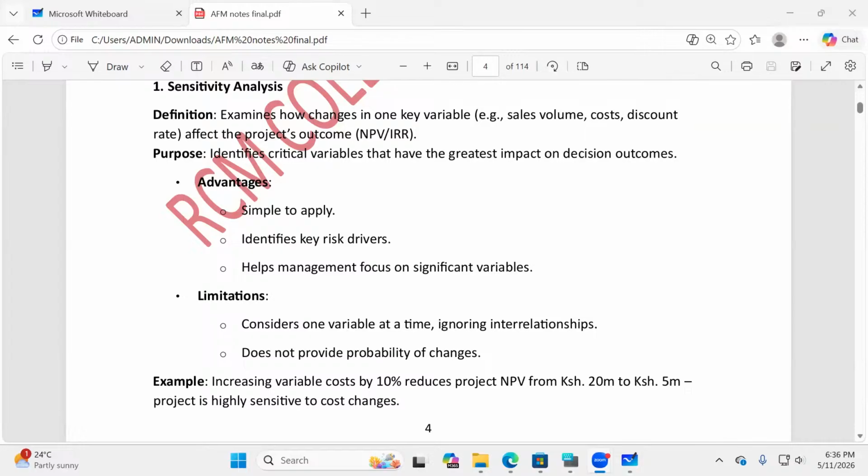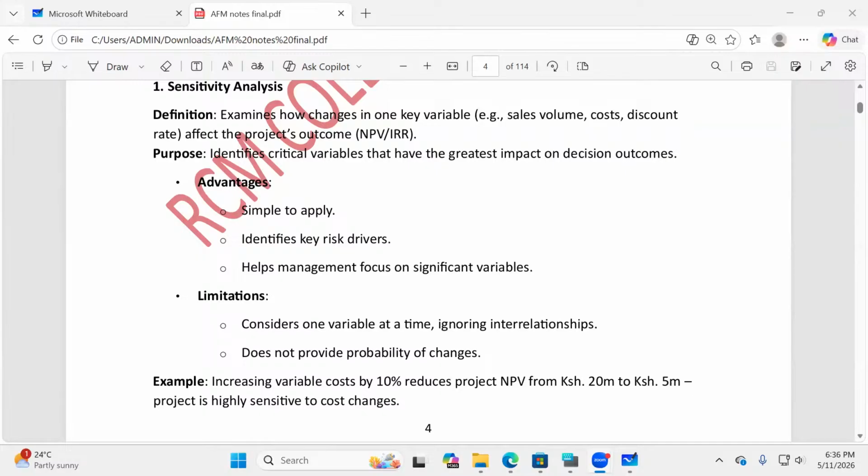So definition: sensitivity analysis examines how changes in one key variable, changing these variables one at a time, e.g. sales volume, costs, discount rate, affect the project's outcome, which for purposes of your exams will be net present value.